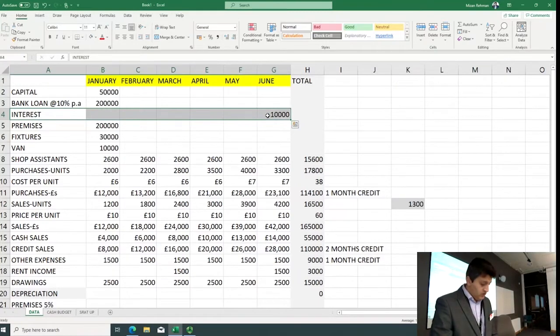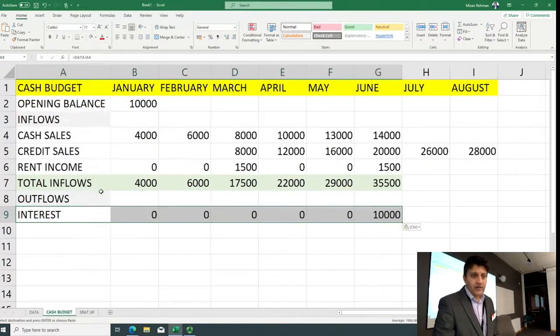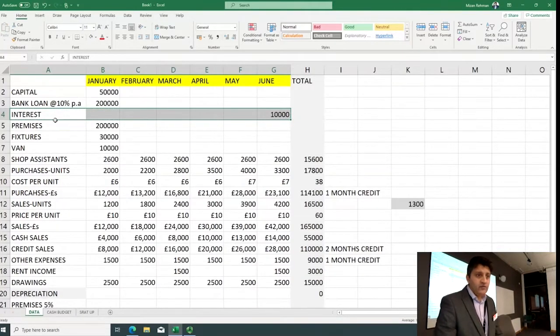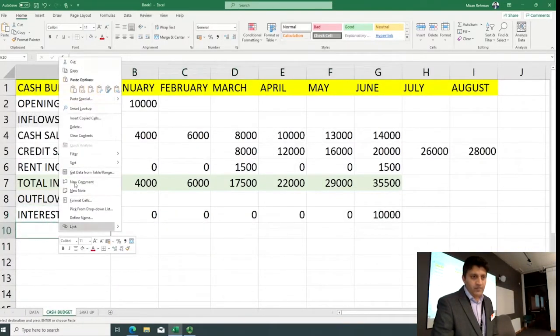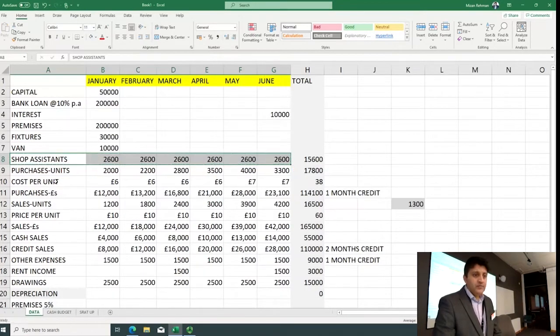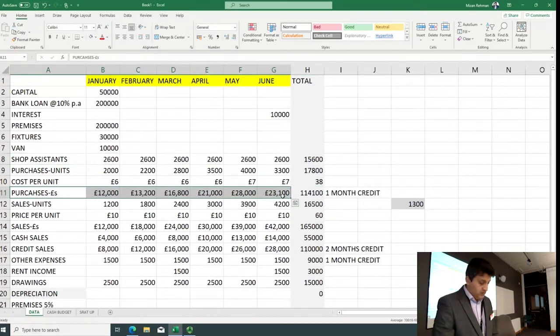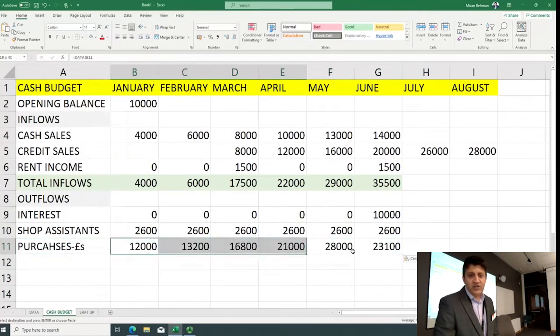So, Control C. Then we have shop assistants. Done. Purchases. One month credit.